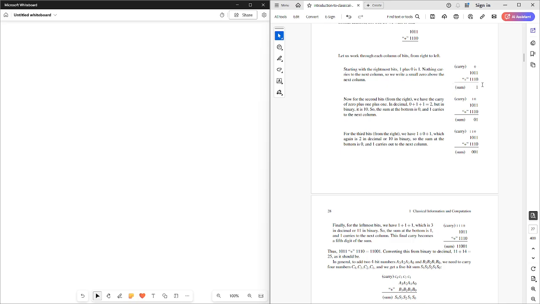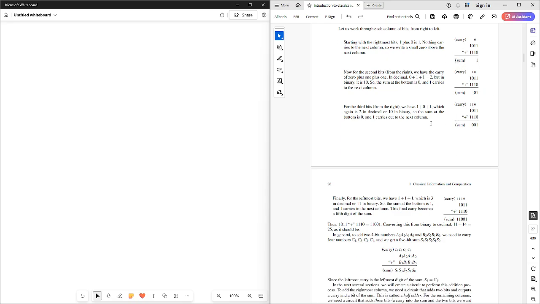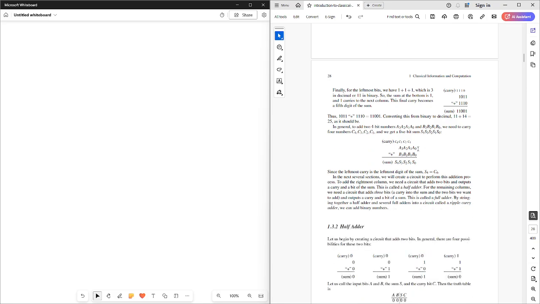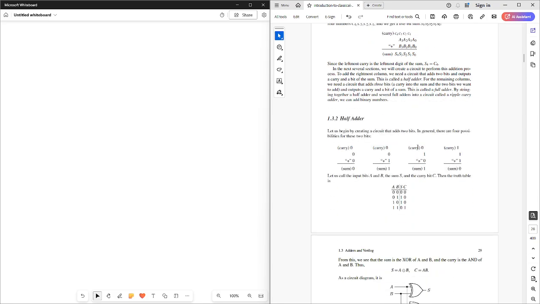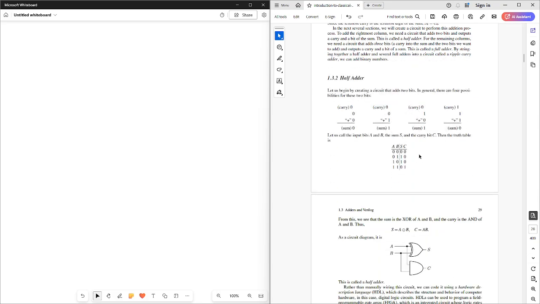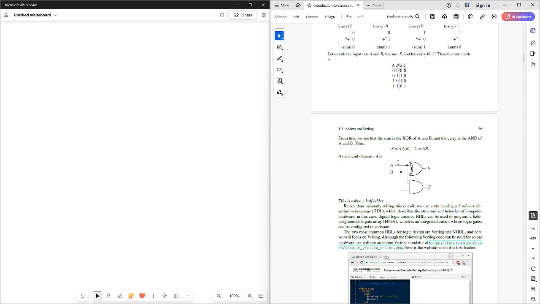And so we just work our way from right to left, summing and carrying, and we add two binary numbers. And then to implement that into an actual circuit, we can build the half adder, which is where we'll really start digging in here.